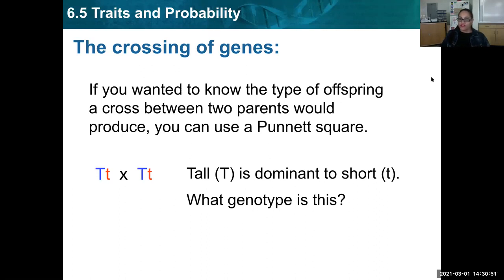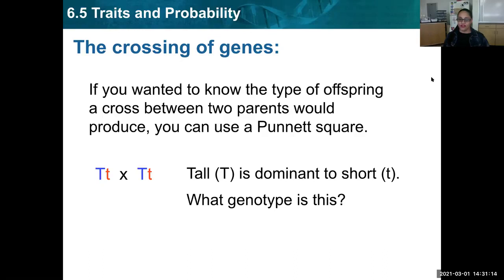And what genotype is this? Both parents have one big T and one small t. What do we call that genotype? Homozygous, heterozygous, dominant, recessive, what do we call it? Heterozygous. Good, Jacob. Yep. And then what are these two parents going to look like? Are they going to be tall or are they going to be short?